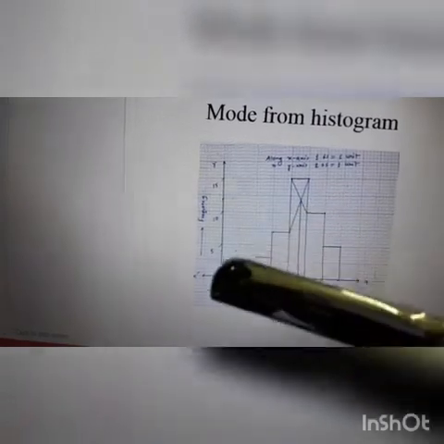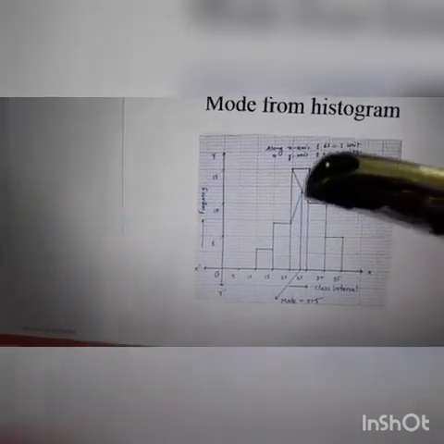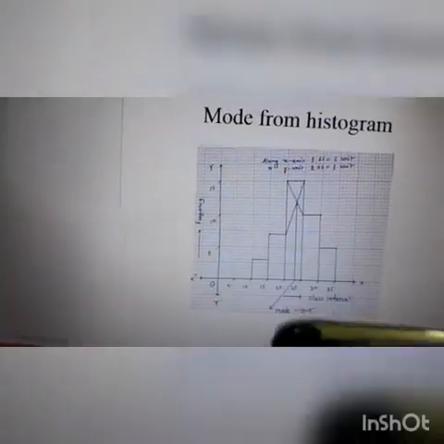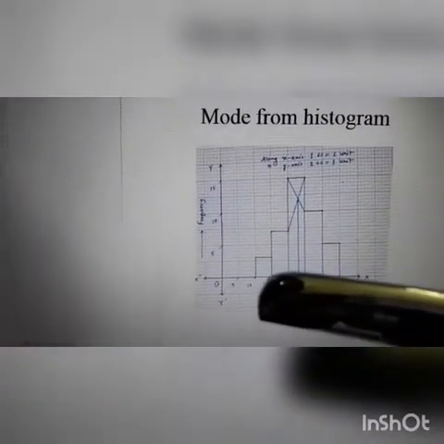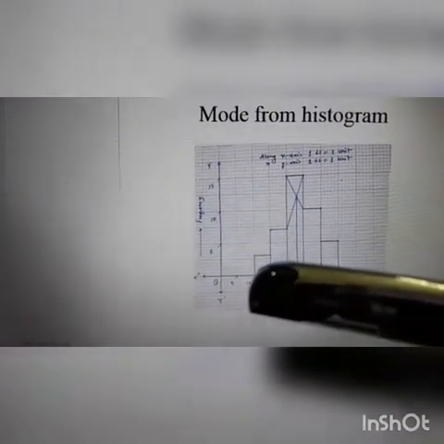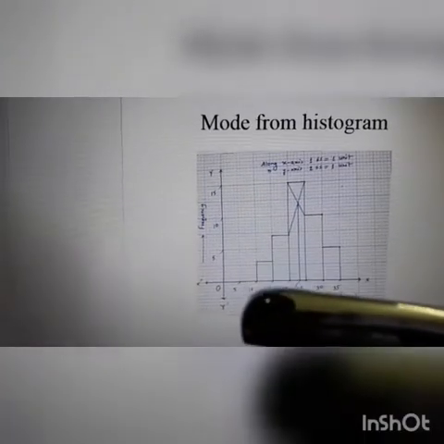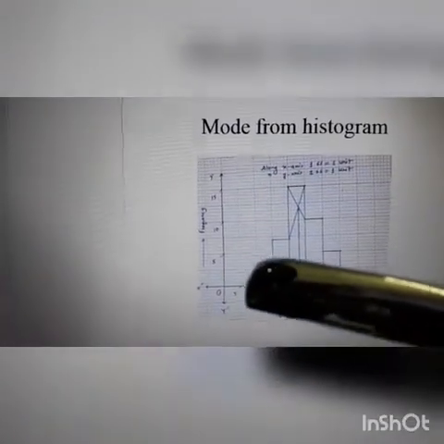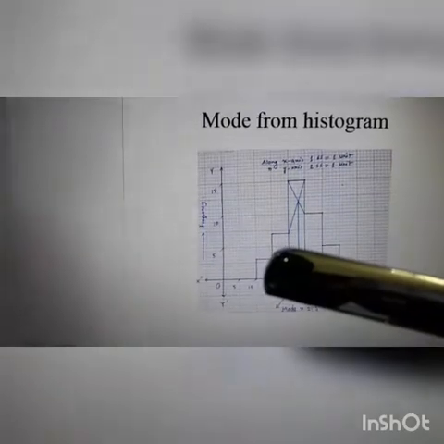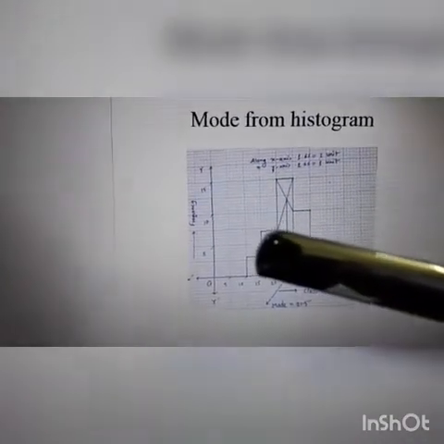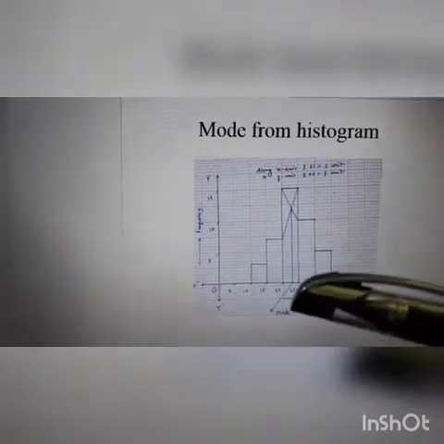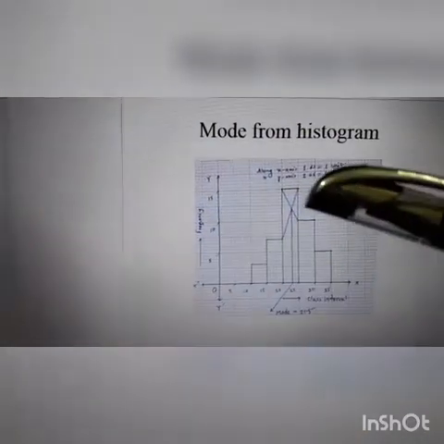Now we represent the class intervals, and against them the frequencies. The first class is 10 to 15, and against this class the frequency is 3. So against the class we draw a line segment parallel to the x-axis, and similarly against the other classes.